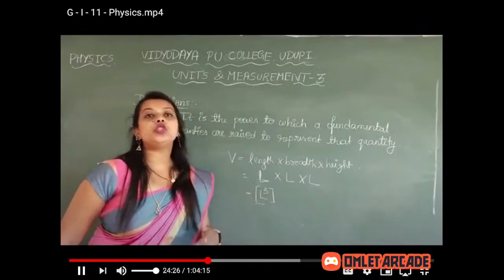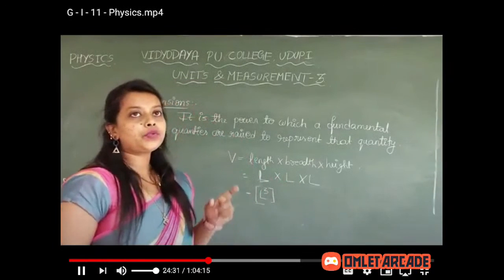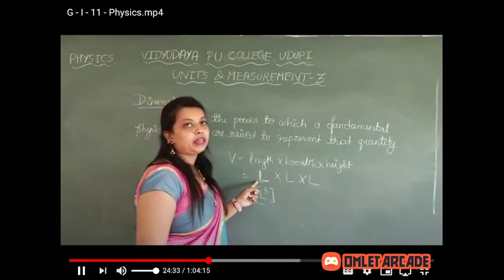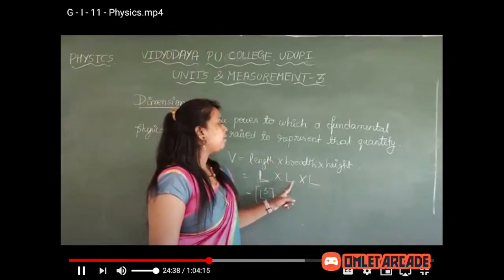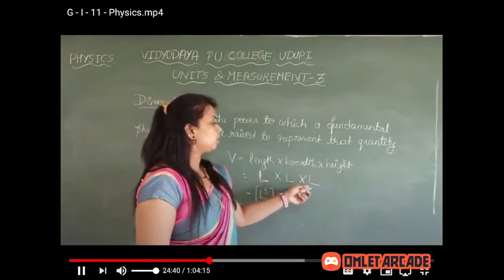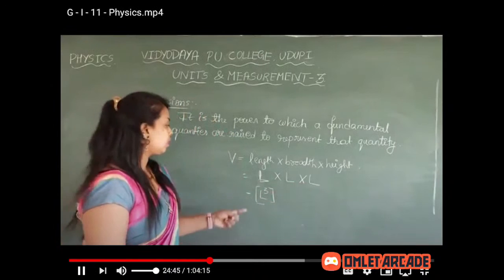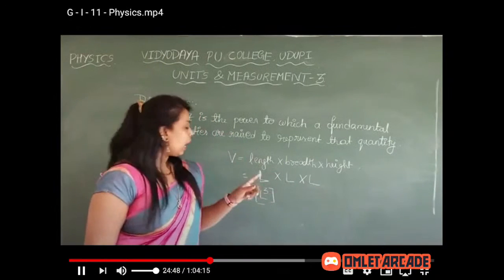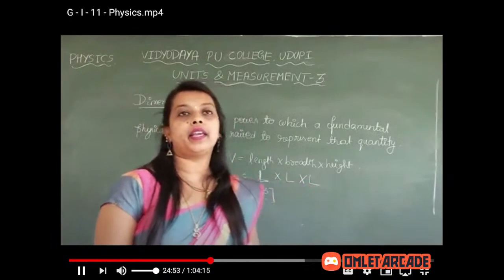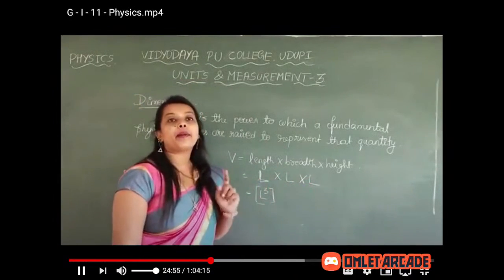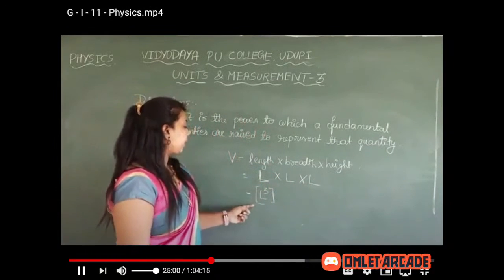So why do I represent length, breadth, height as L? The dimension of length is L, so you have to use the symbol of length as capital L. Breadth is also length, so capital L. Height is also length, so capital L. So now the final answer you will get is L cube. And always you have to write the dimension of a physical quantity inside the square bracket. Okay, remember that you have to represent it in a square bracket.